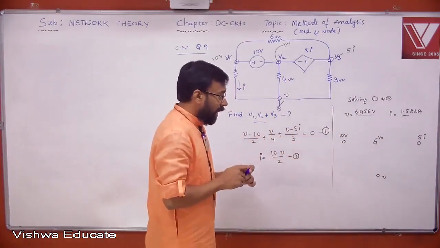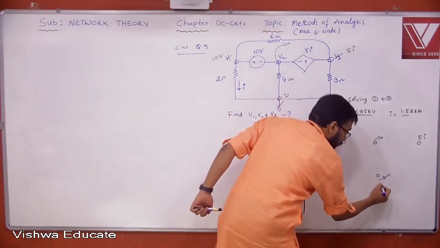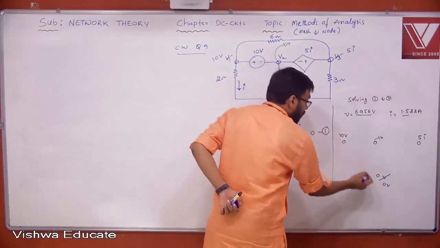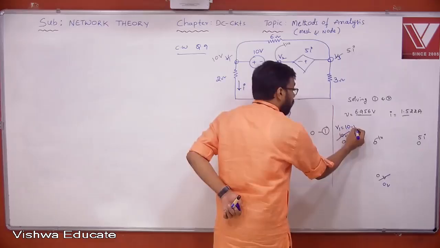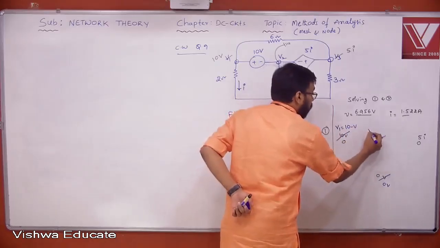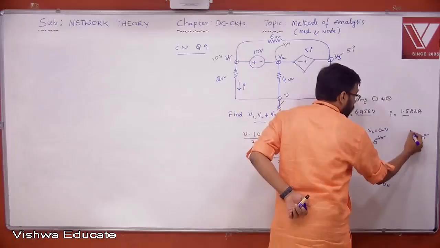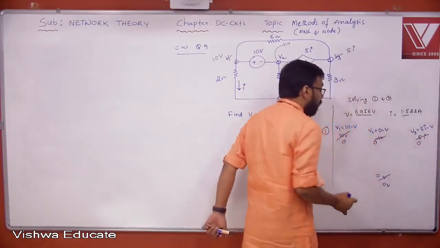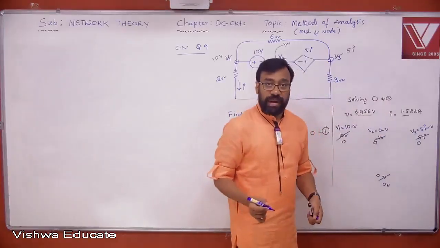But what you want actually here is this one should be 0, right? And if this is 0, this becomes V1 is equal to 10 minus V. Then V2 is equal to 0 minus V. Then V3 is equal to 5I minus V. Because if one node voltage is reduced by V, then every node voltage is reduced by V value, right?